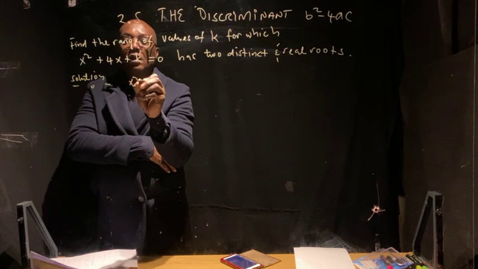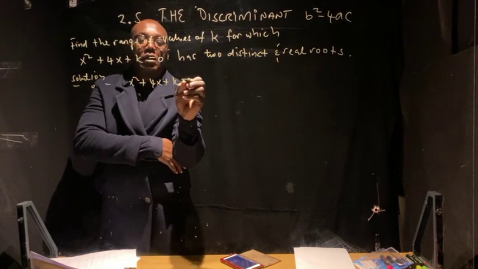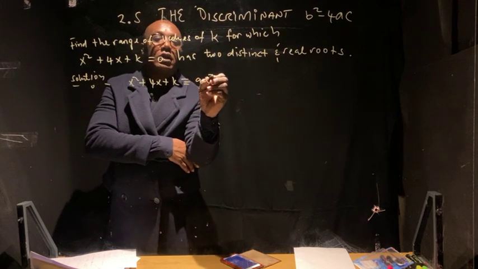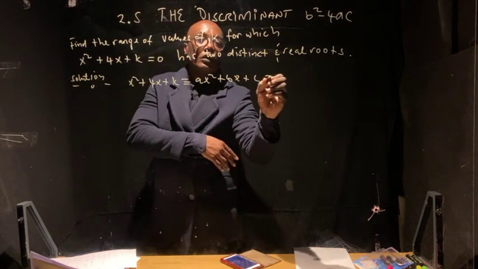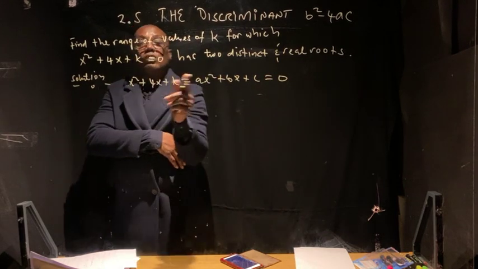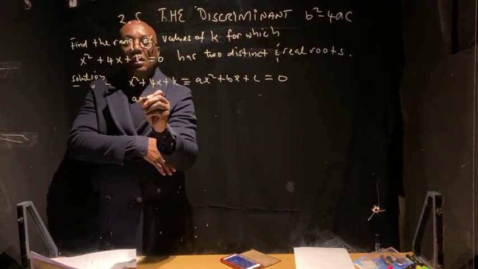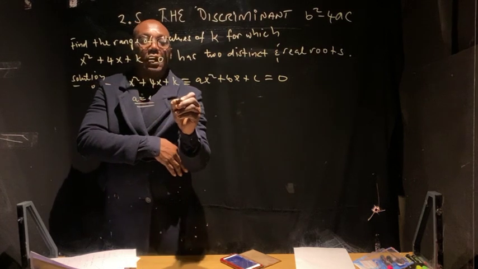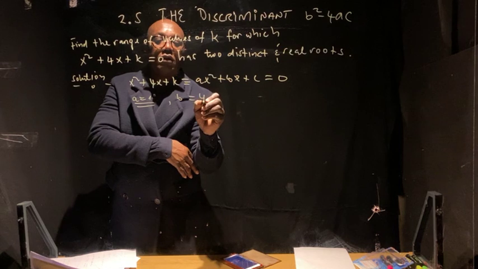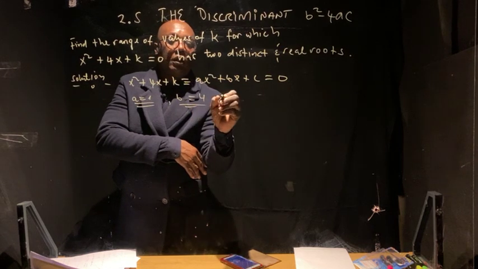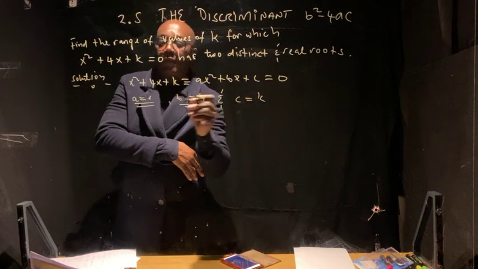x squared plus 4x plus k identical to ax squared plus bx plus c equal to 0. Compare the coefficients and the constant. We can see that a equal 1 whilst b equal 4 and c equal k.